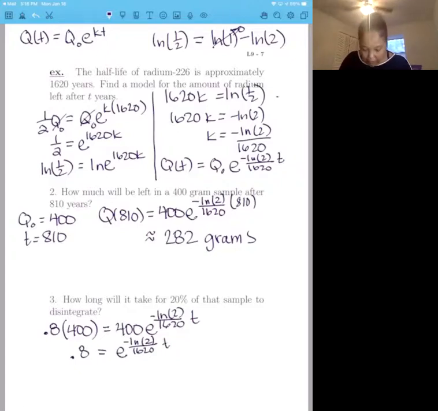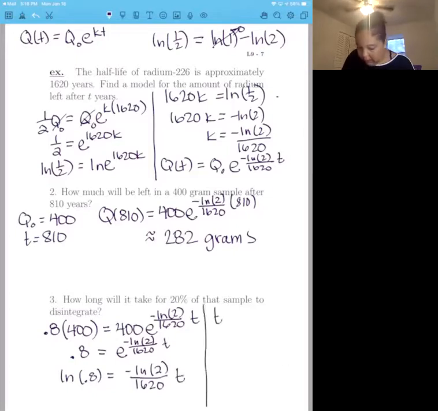Take the natural log of both sides. That brings the exponent in front, and the natural log of e is 1. So I get negative natural log of 2 over 1,620 times t.